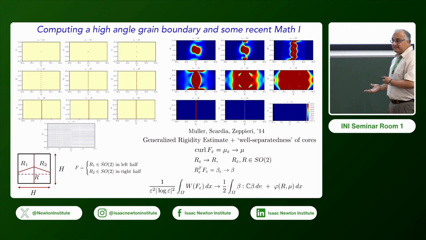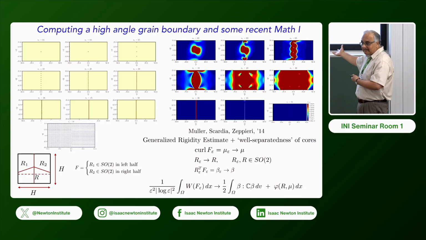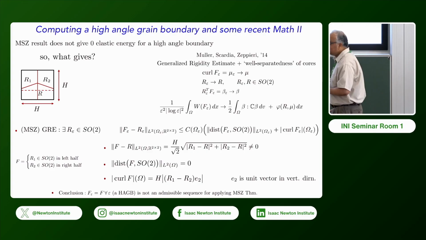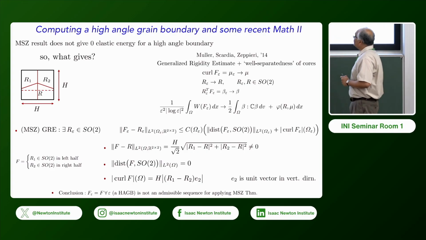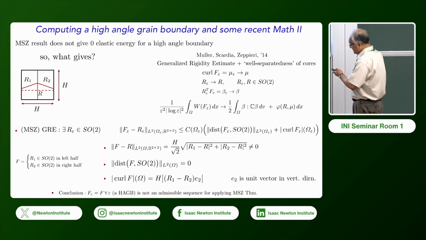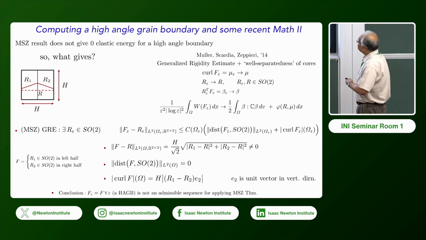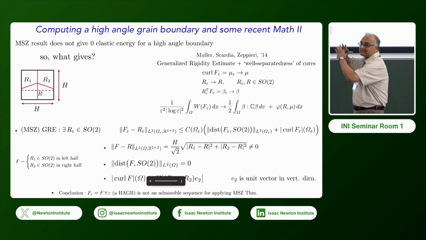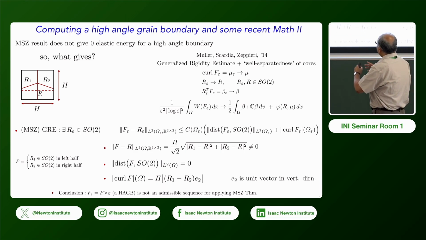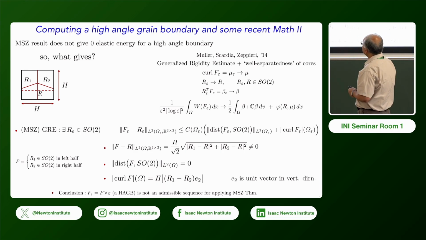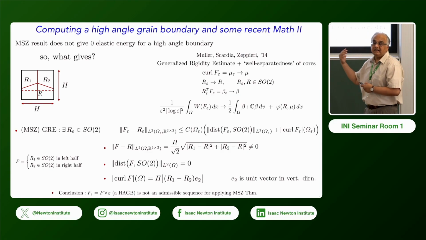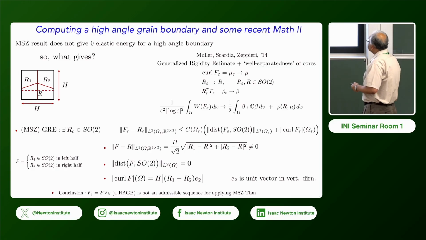Okay, so what gives? This is obviously a correct result. So then you sit and try to think about the hypotheses. And discussions with Janusz Ginster helped me sort this out. Okay, so that's that. So the rigidity estimate, in this case, you have piecewise constant rotations, and you have this R, the constant guy, and the rigidity estimate then gives you, usually it's for the compatible case, but here you have dislocation, so it's this.